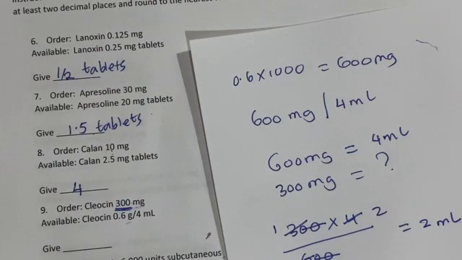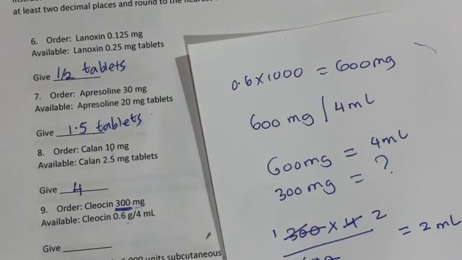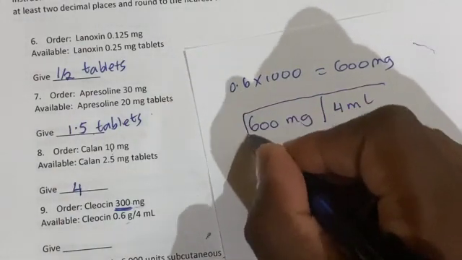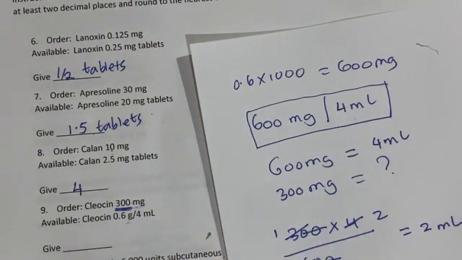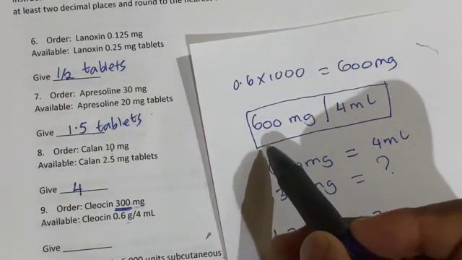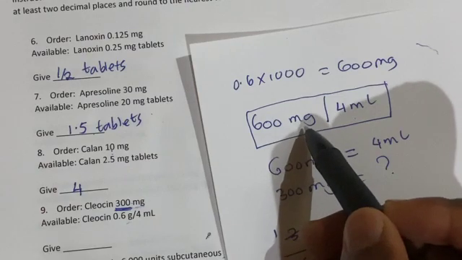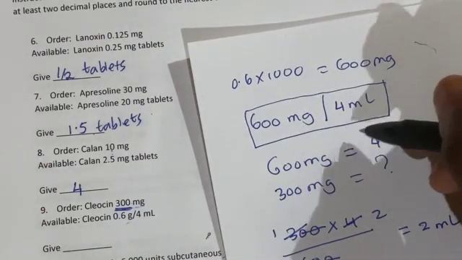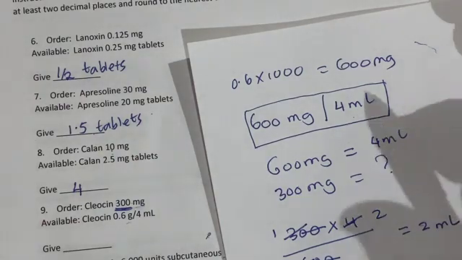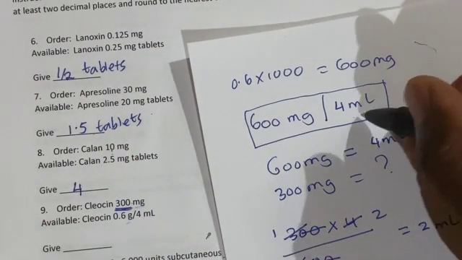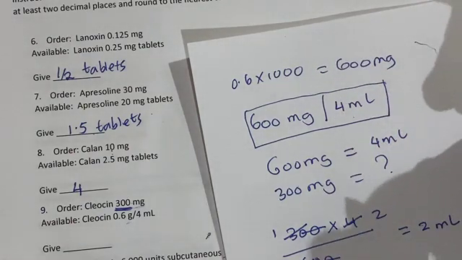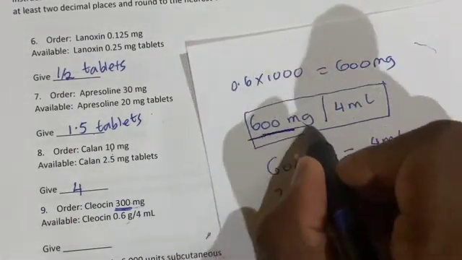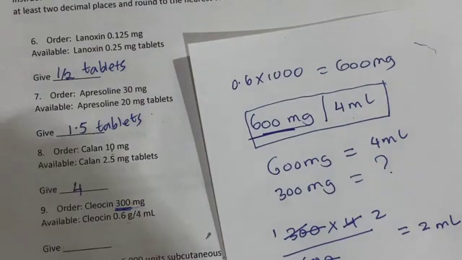Again, if you don't understand, so what this means is, if the medicine is saying 600 milligrams per 4 ml, that means if you give the patient 4 ml of the liquid medicine, you are giving 600 milligrams.